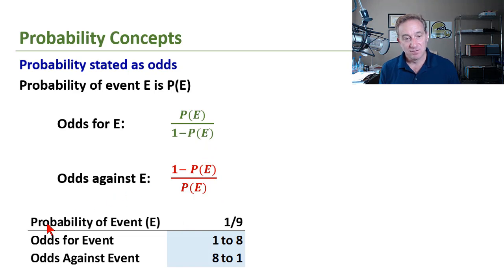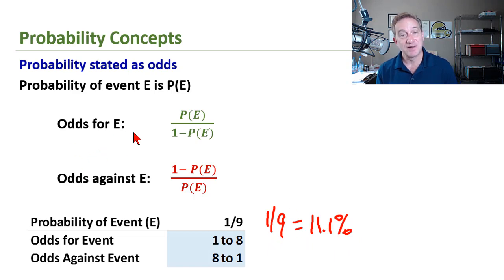So, for example, if the probability of an event is 1/9, that is 1 divided by 9. Mathematically, that gives about 11.1%. So we'd say the probability of that event occurring is about 11.1%. But the odds of it occurring are a different way of expressing it.